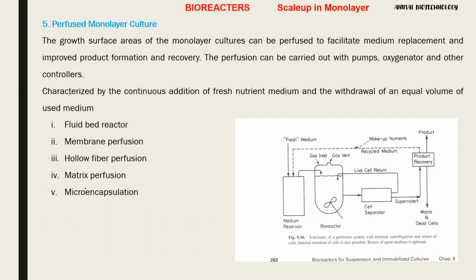The figure below shows a schematic representation of a perfused bioreactor that can be used both for suspension and immobilized cultures. The various types of perfused monolayer cultures are fluid bed reactors, membrane perfusions, hollow fiber perfusion, matrix perfusion, and microencapsulation.